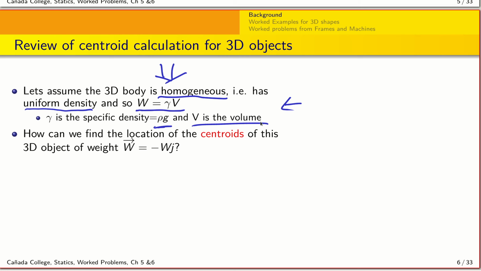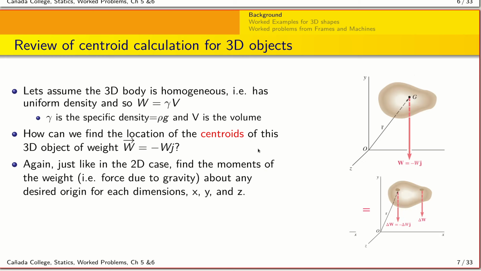So now the question is, how do we go from center of gravity to finding the centroid of this object? And the response is similar to what we did in the previous slide, right?